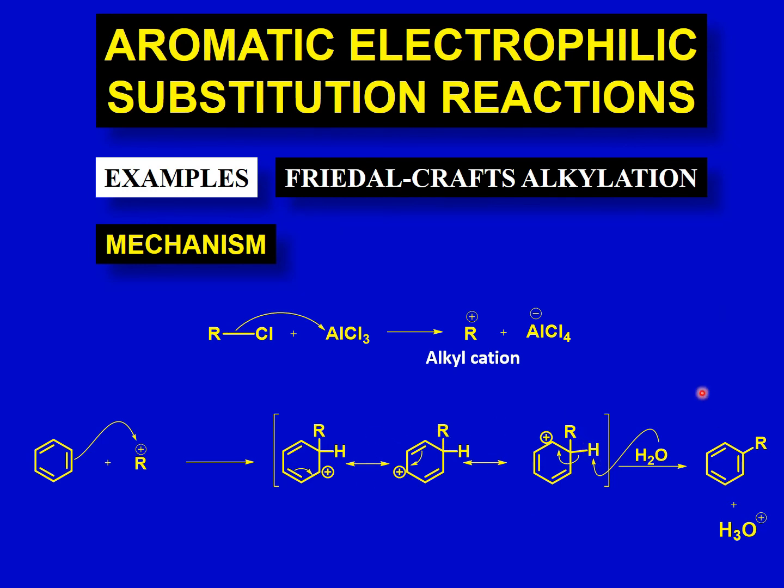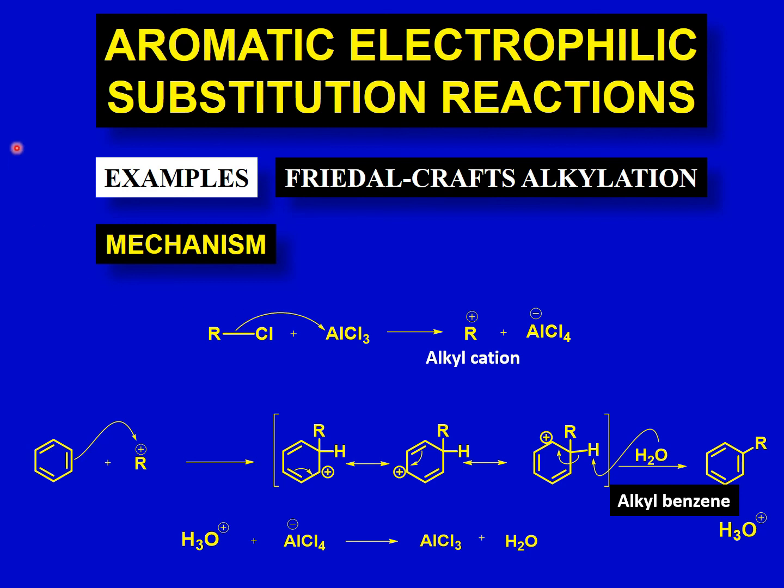Finally, with the addition of water, a proton is released, restoring aromaticity, and as a result, we have the final product, an alkyl benzene, with the formation of hydronium ion. This hydronium ion then attacks the AlCl4 minus, forming aluminium chloride, and a water molecule is released as a byproduct. So AlCl3 is regenerated at the end, and it can react with another alkyl halide if present in the reaction mixture to restart the reaction and react with another benzene molecule.